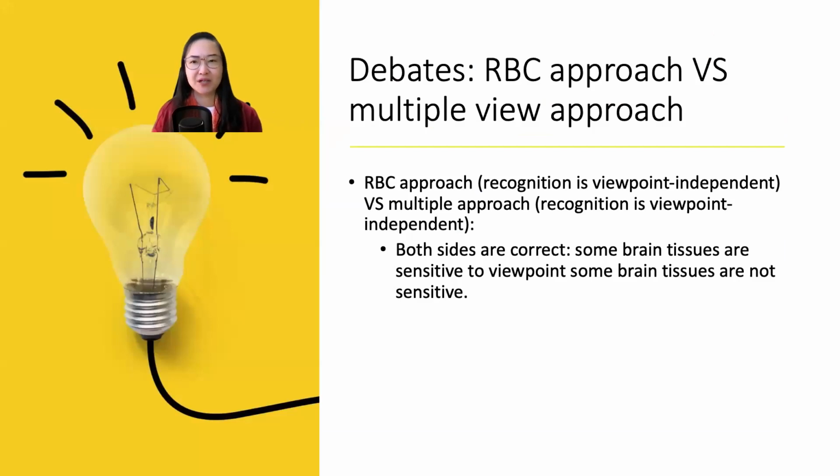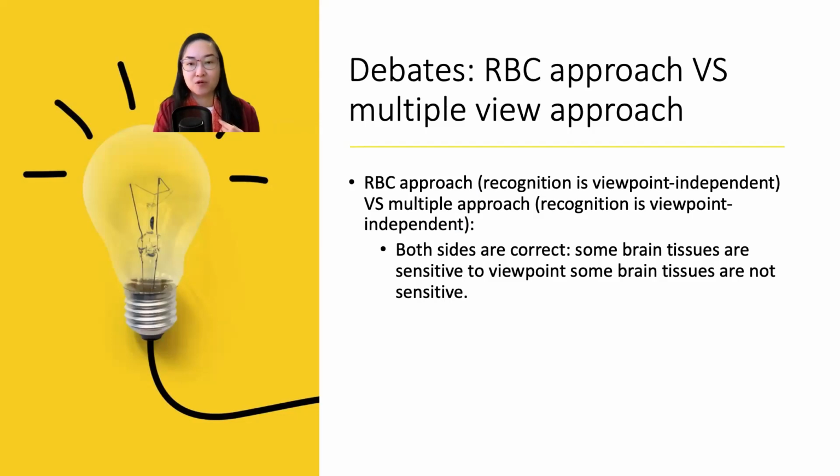Debates between the RBC approach versus the multiple views approach. In the RBC approach, recognition is viewpoint independent, because you can see an object as the same regardless of where you are.